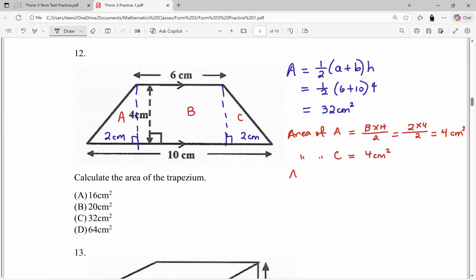And then the area of B, the rectangle, whose length is 6 centimeters and width is 4, this would be 6 times 4, which is 24. So where did I make a mistake? Because 24 plus 4 is 28, and that's not the answer. So let's see. 6 times 4, yeah.